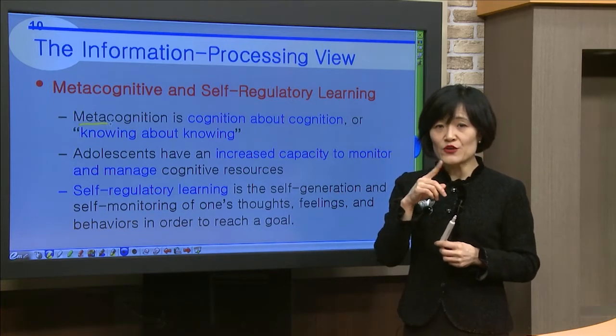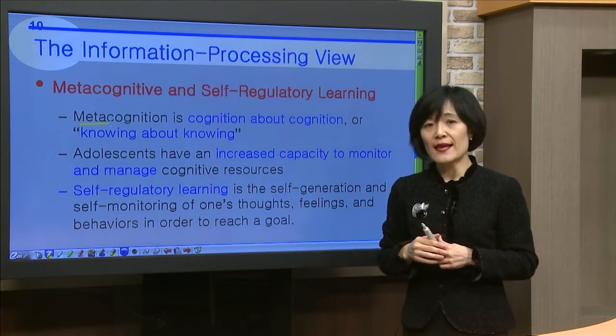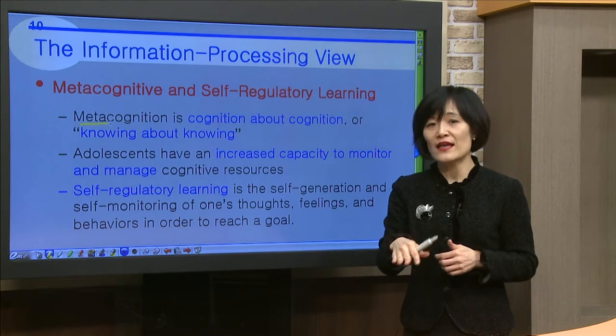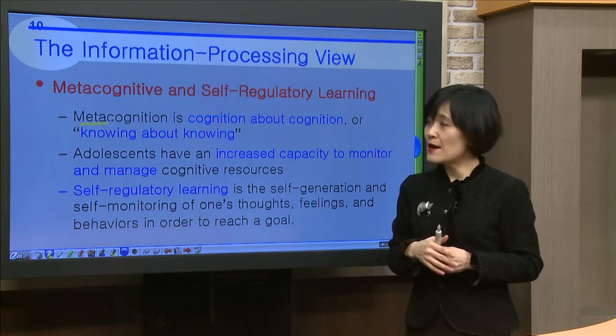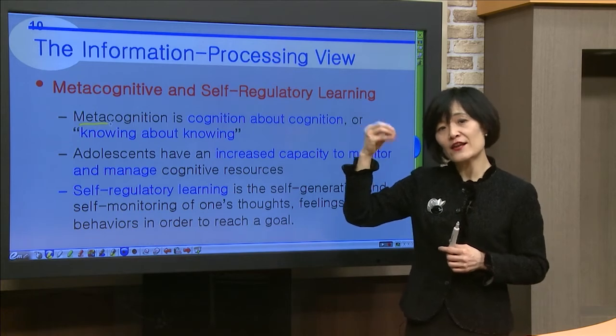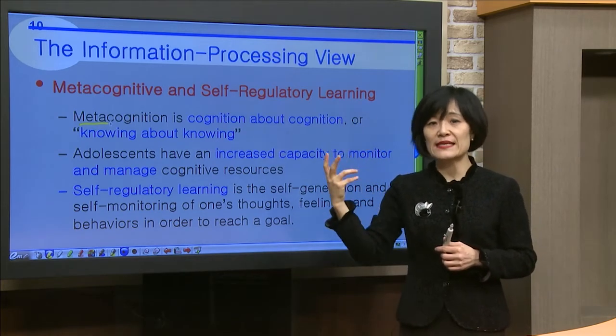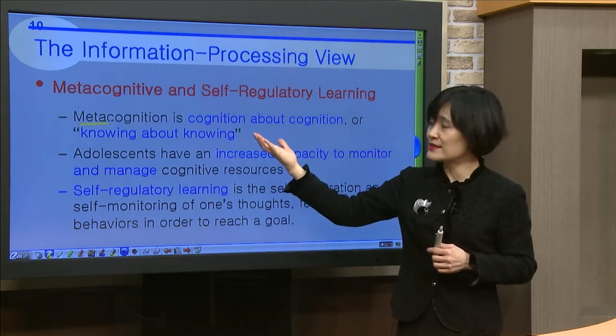If you don't know what you don't know, then that is a lower level of cognitive development. But if you have metacognition, that is the later stage of the theory. We call that metacognition.